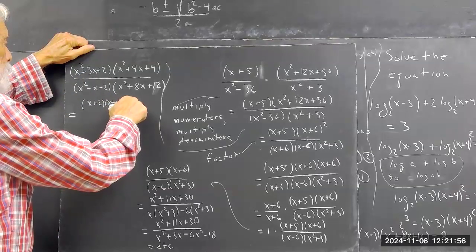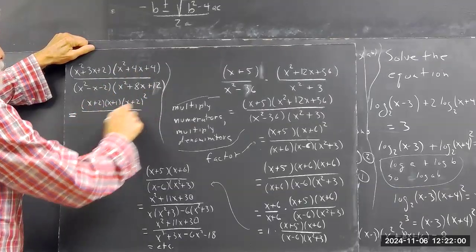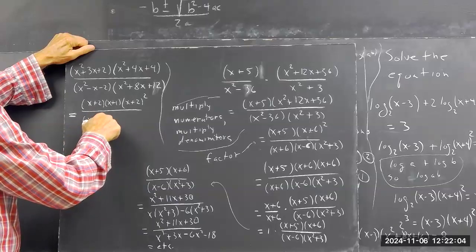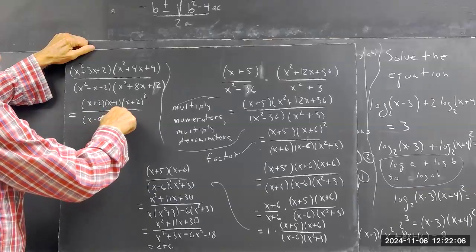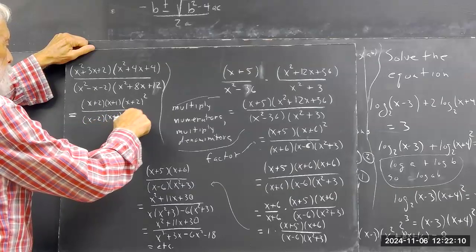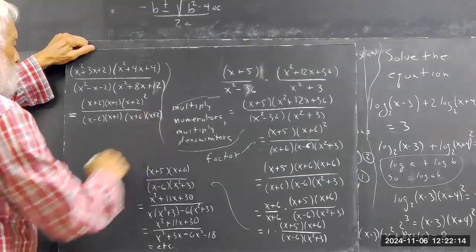We have x plus 2 squared here. And here we have x minus 2 times x plus 1. And here we have x plus 6 times x plus 2.